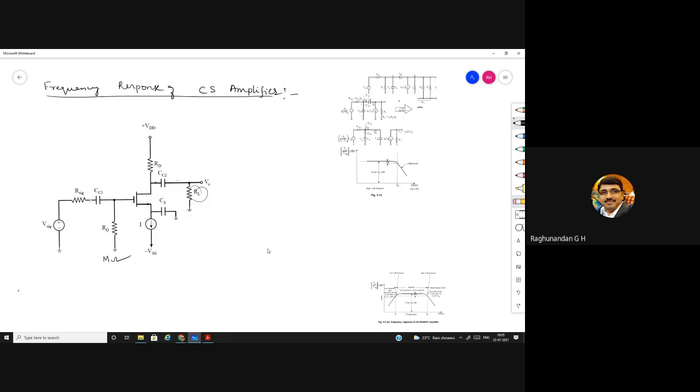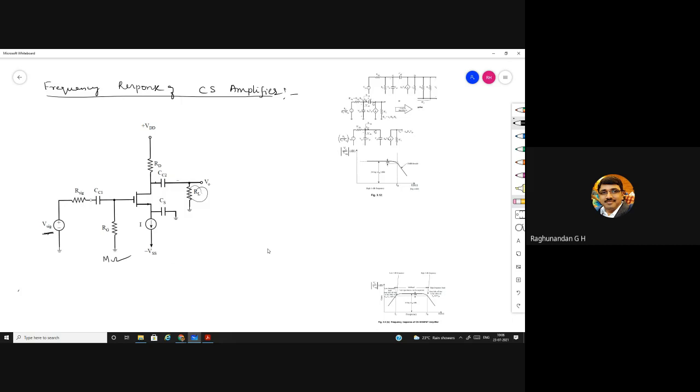So we'll try to plot the frequency response. For the frequency response, we are going to plot gain versus frequency. For this, we will keep the input signal voltage constant, but we'll just change the frequencies.